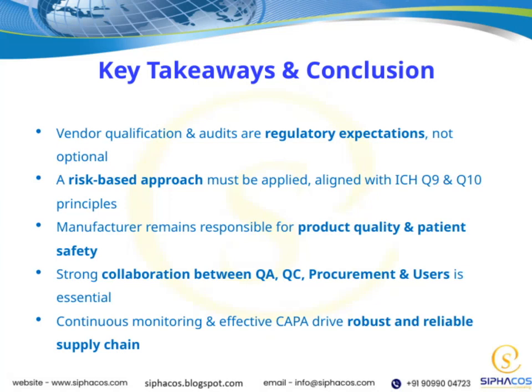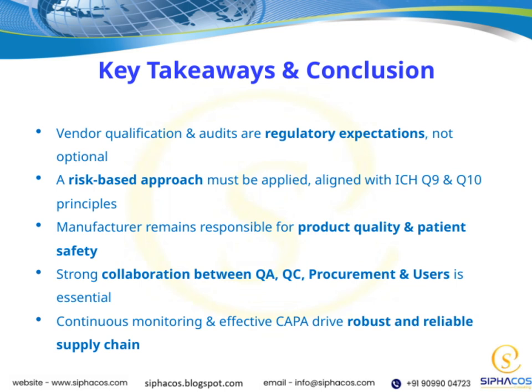Vendor qualification and audits are essential components that are actually driven by regulatory expectations, not just optional procedures. It's important to understand that applying a risk-based approach is key here, and this approach should be aligned with the principles outlined in ICH Q9 and Q10.